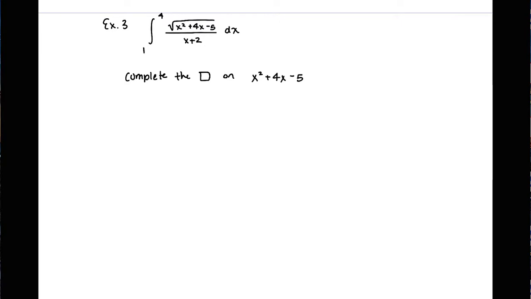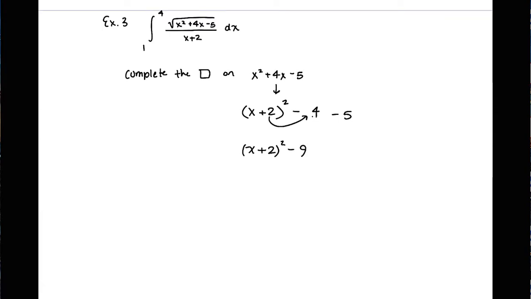I'm trying to write this in a way that helps me see my substitution. That is going to help me deal with the radical. So looking at this, completing the square, I'm going to leave half the middle term squared, take away, so half it, square it. There's still that minus 5. So this is going to be x plus 2 squared minus 9.